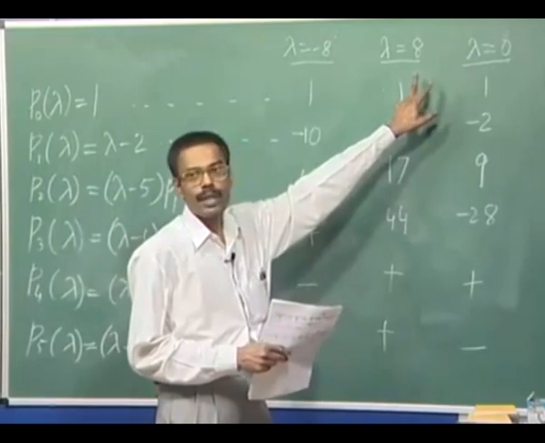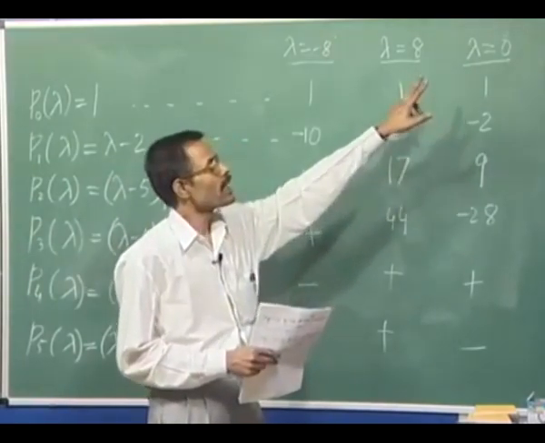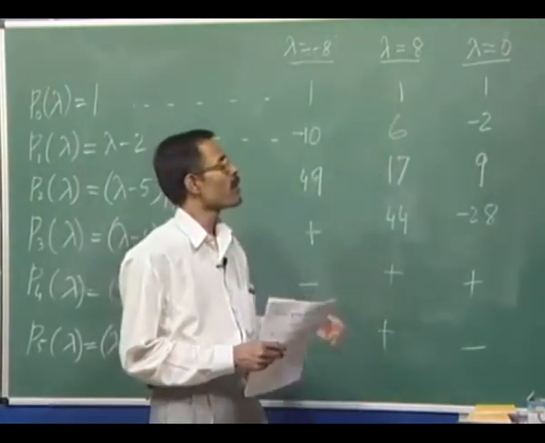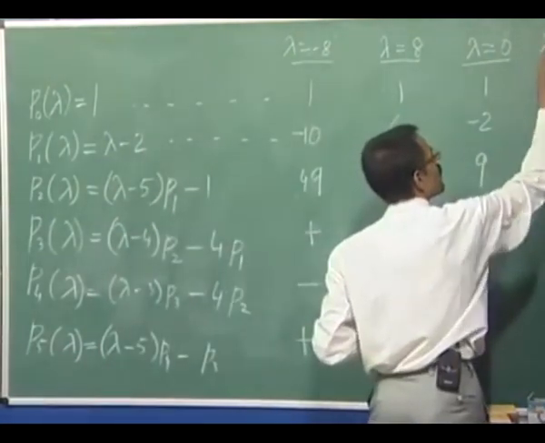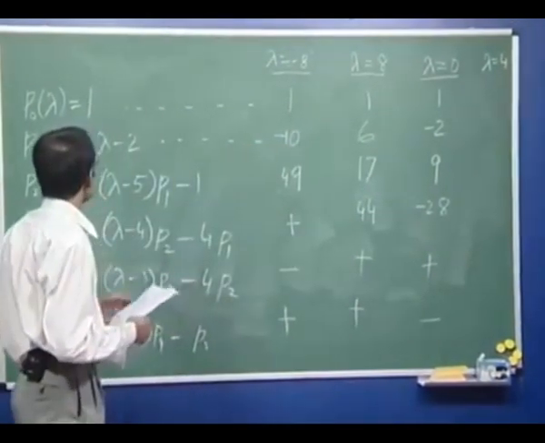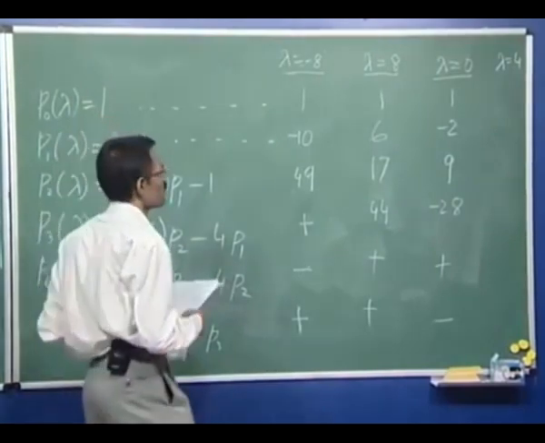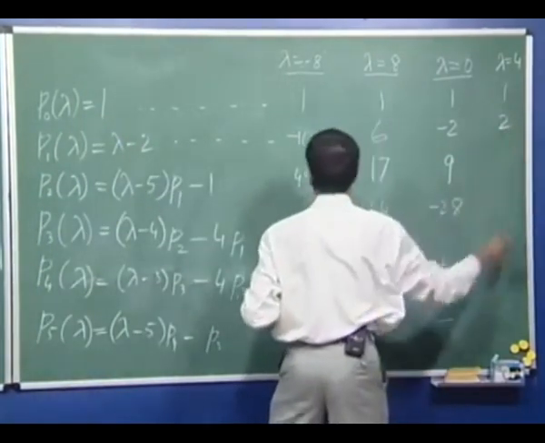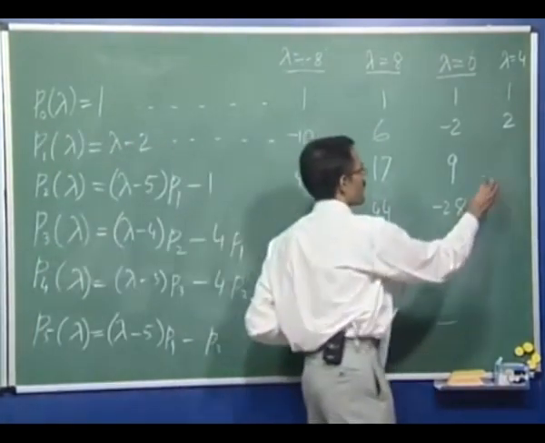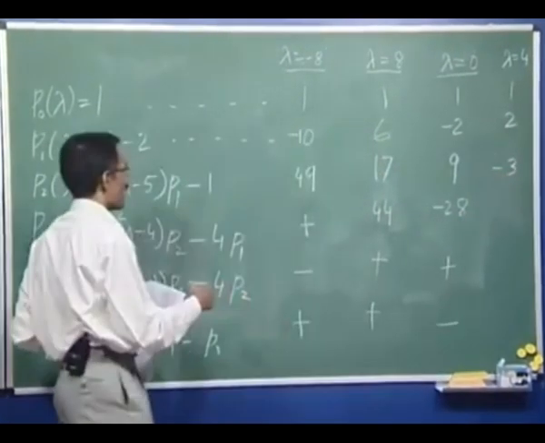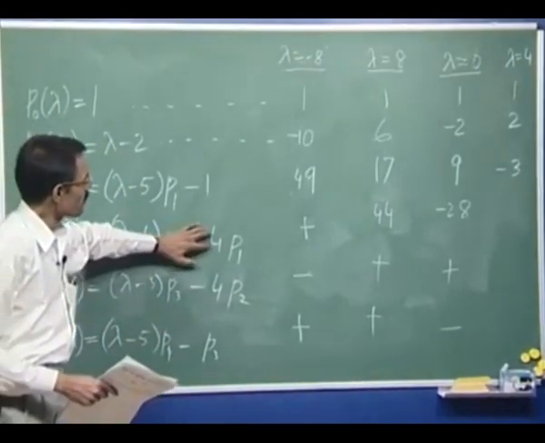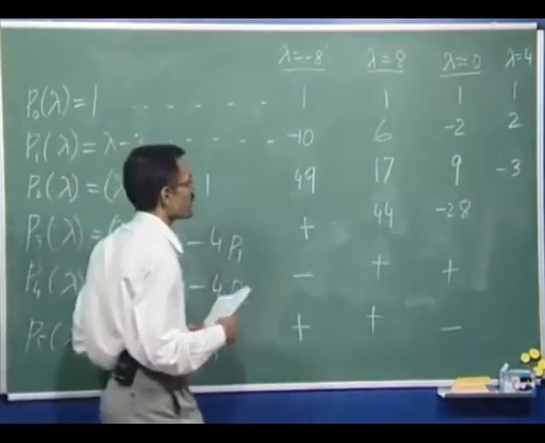Now, what you will do for bisection? You will evaluate the sequence of polynomials at lambda equal to 4. Okay. So, as you evaluate at lambda equal to 4, you will find that you get 1, 2, and then here minus 2 minus 1, that is minus 3, and then at lambda equal to 4, this is 0, okay, minus 4 into P1, that is minus 8.